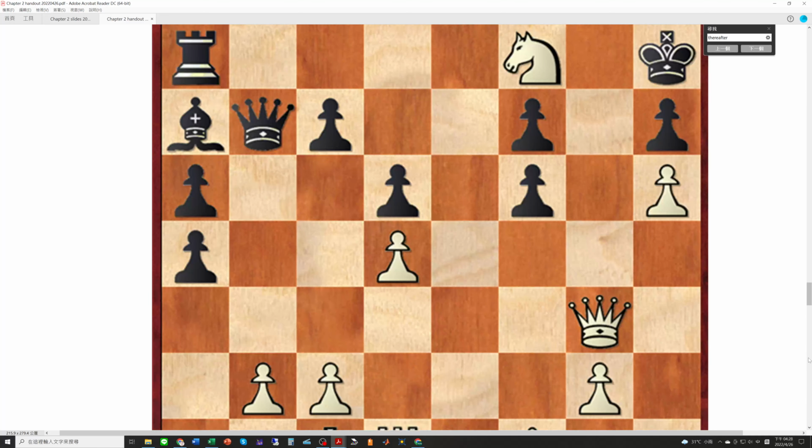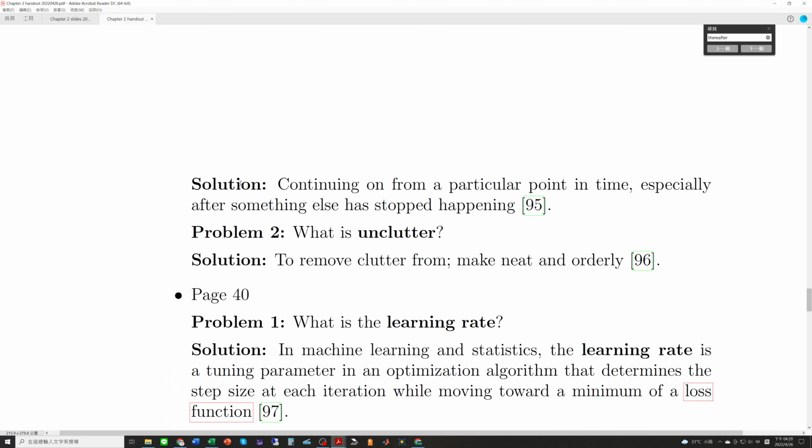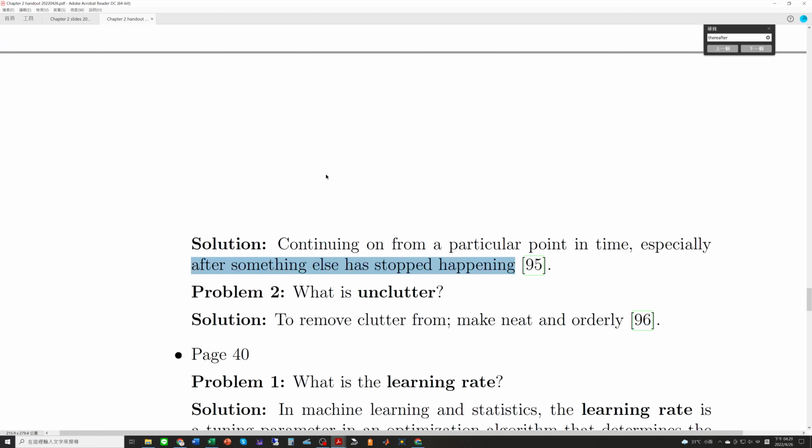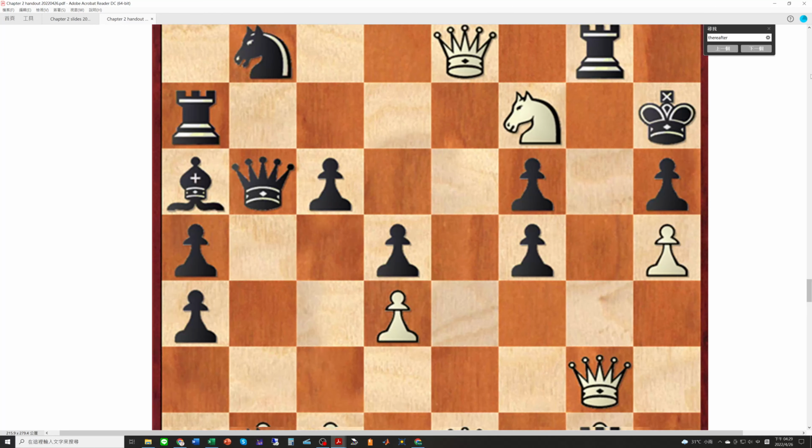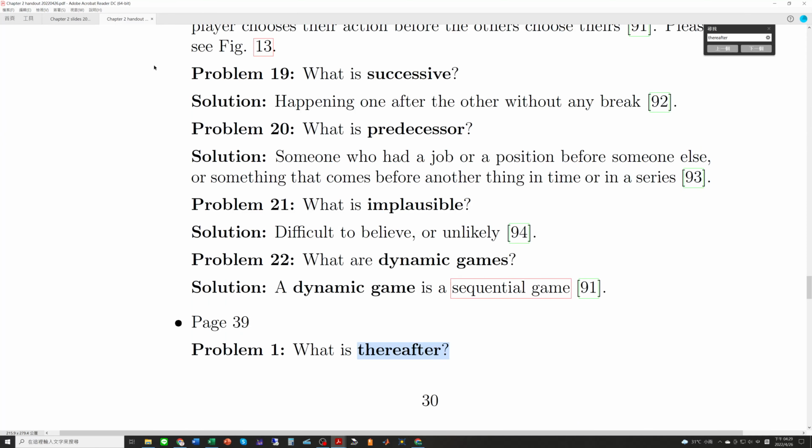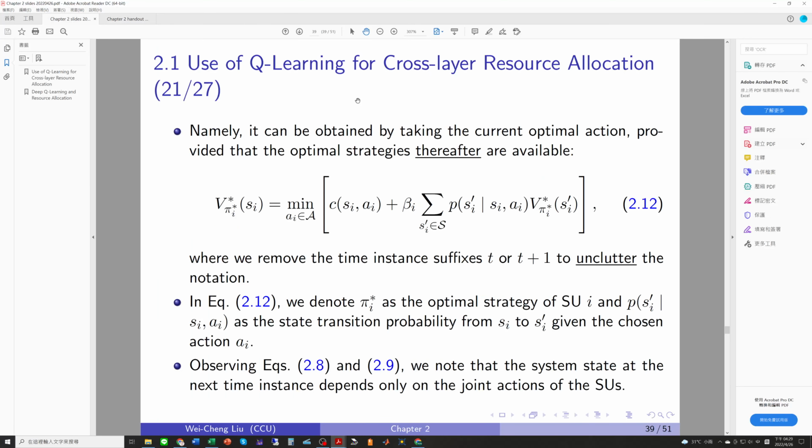Solution: continuing on from a particular point in time, especially after something else has stopped happening. That is the meaning of thereafter. Let us go back to the slides.